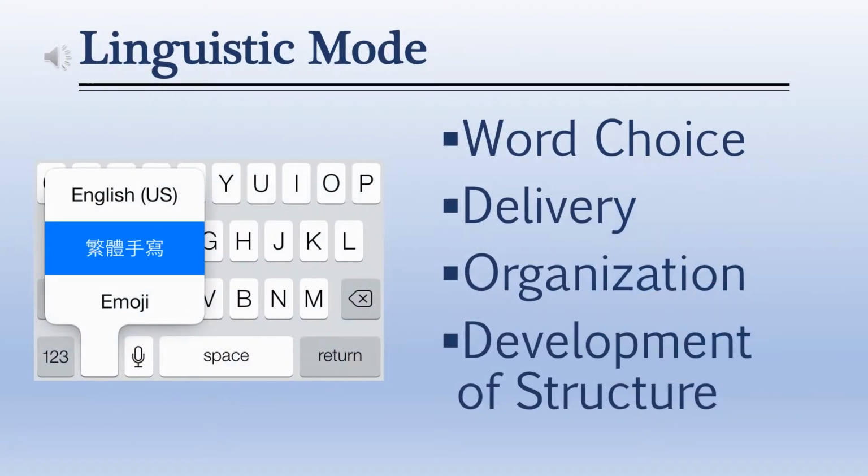Again, the linguistic mode is the mode that you are most familiar with as a student writer. You might have agonized over word choices and how to organize and develop your structure of information for people, how to deliver it to your audience.